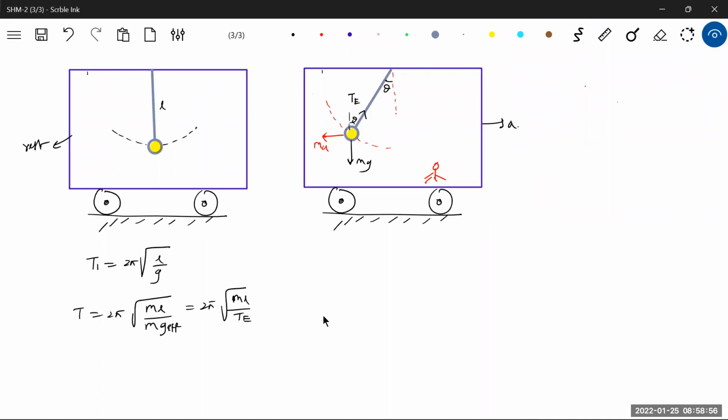Otherwise, we would have to displace the bob from this position, then calculate the torque due to ma and mg. This would be a very lengthy approach. We have just converted this into a formula. If the point of suspension accelerates, bring g effective. This is the alternative approach. Now can we calculate the tension in the string at equilibrium? This will be much easier. Te sin theta, squaring and adding, is equal to m.